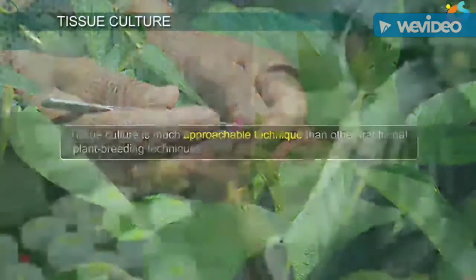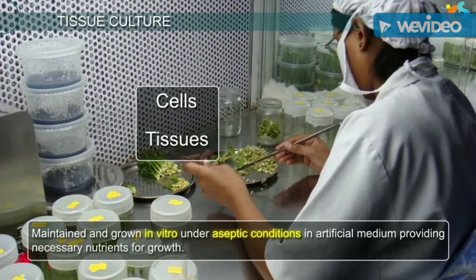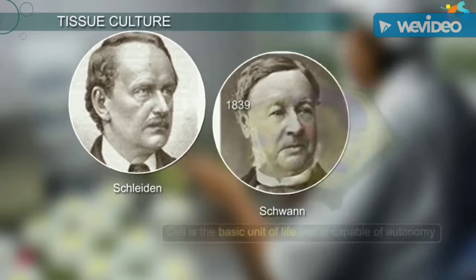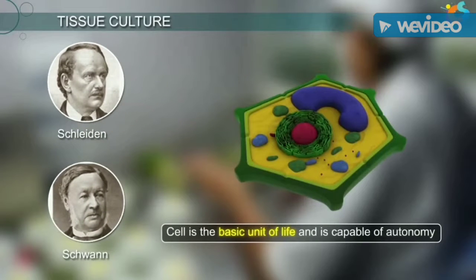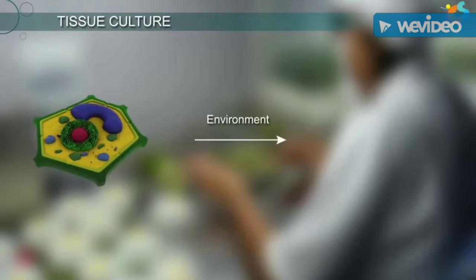By using this method, cells, tissues, etc. are maintained and grown in vitro under aseptic conditions in artificial medium, providing necessary nutrients for growth. In 1839, Schleiden and Schwann proposed that the cell is the basic unit of life and is capable of autonomy. Each cell, if given an environment, is capable of regenerating into a whole plant.